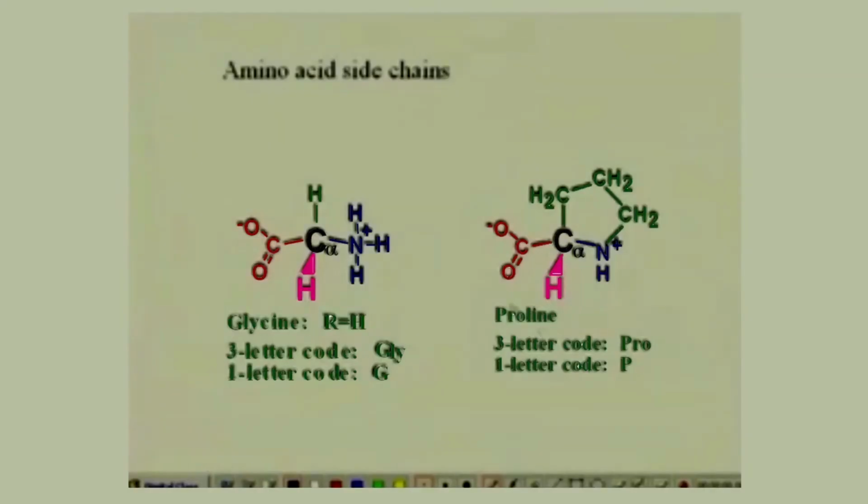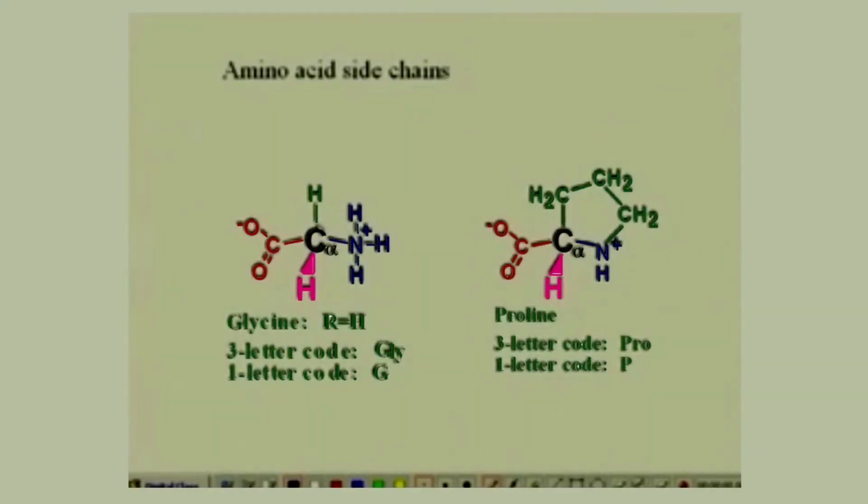Now, this hydrogen atom makes the central carbon atom of glycine symmetric, because it does not have 4 different groups attached to it, it has 2 H atoms attached to it, which does not make it chiral anymore, and this is the only such amino acid.